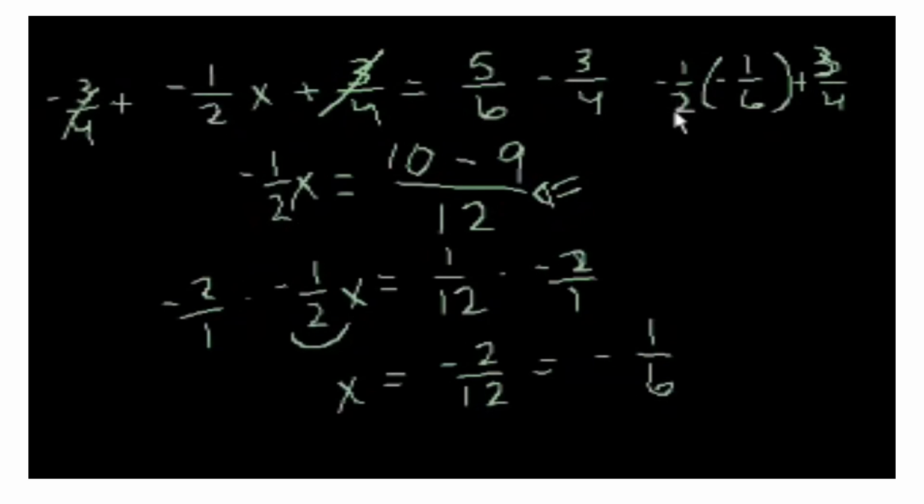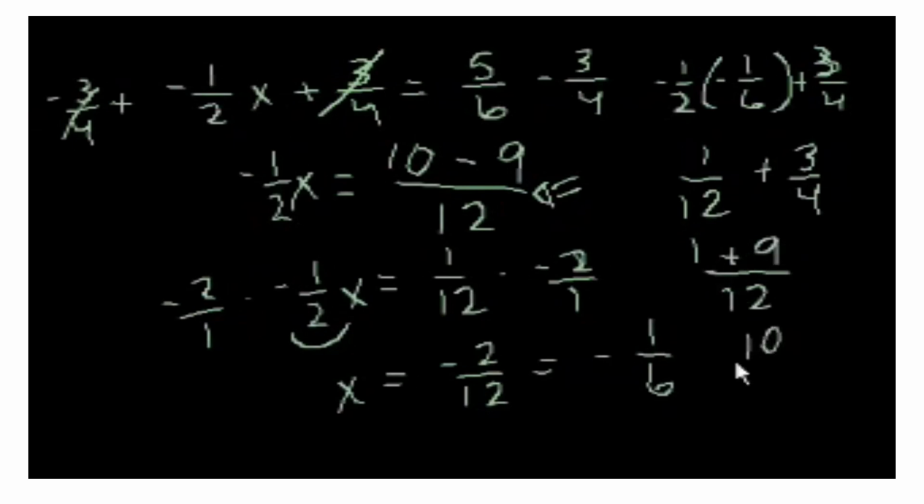So minus 1/2 times minus 1/6, well, that's positive 1 over 12, plus 3/4. Well, that's the same thing as 1 over 12 plus 9 over 12. 1 plus 9 is 10 over 12, and that is equal to 5 over 6, which is what our original problem was. So the problem checks out.